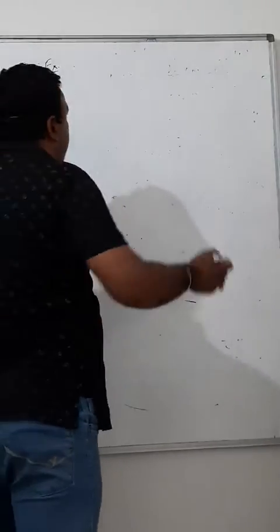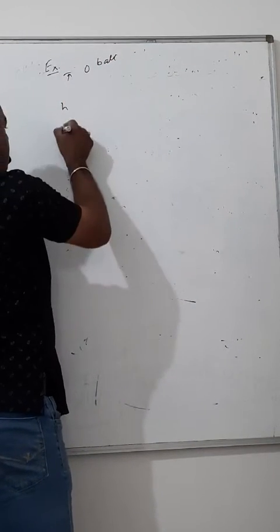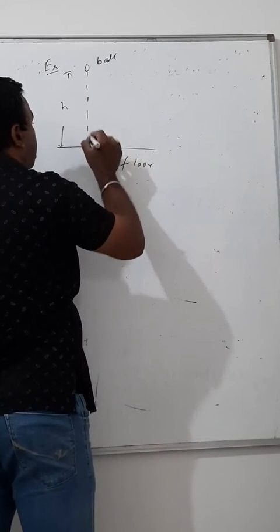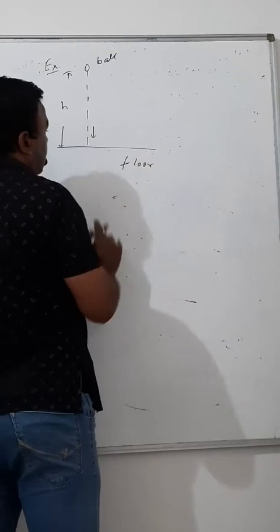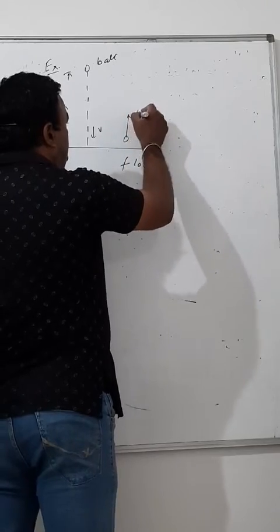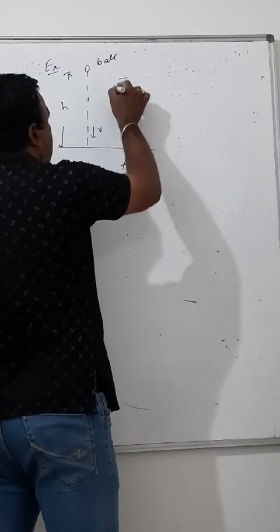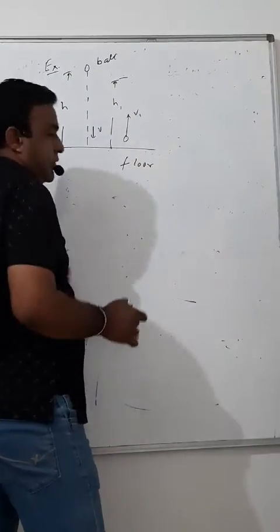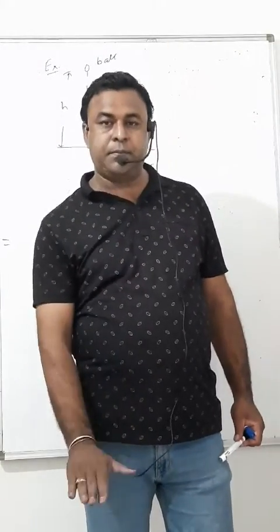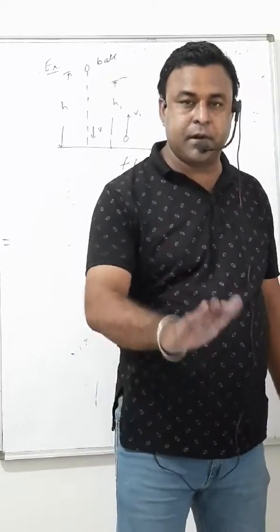Let me first tell you, if a ball is dropped from a height h on a floor, it strikes with velocity v, returns back with v1, and goes to height h1, definitely less than the previous h. Practically, you drop a ball, it will take a tip, then move up, but less than the previous height, and tip, finally it will stop.